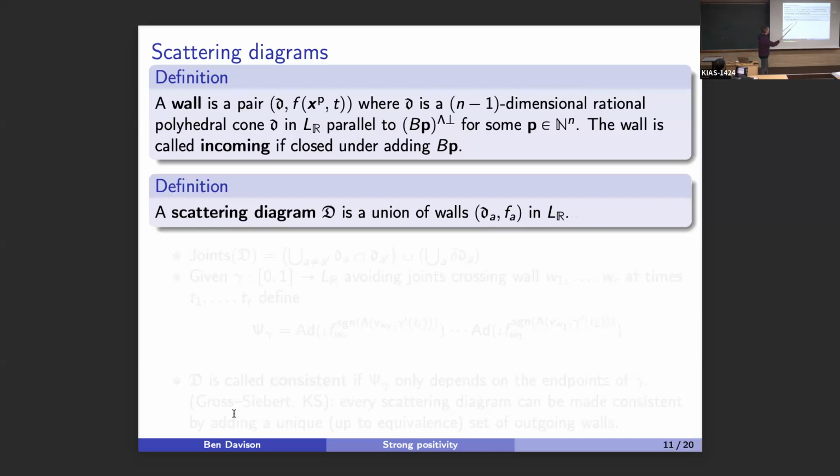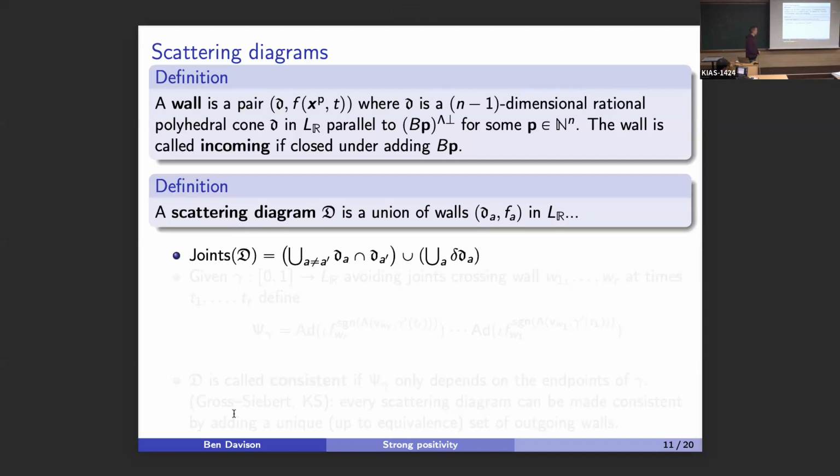On the wall, we have some function, and that function is a function in T, this quantum parameter, and x to the p, where p is the vector which is determining the hyperplane that the wall sits in. And a scattering diagram is just a union of such walls. We do make some technical assumptions, but I'm not going to spell them out. Okay, so that looks a bit loose. There's not much meat on that, but we'll get to it.